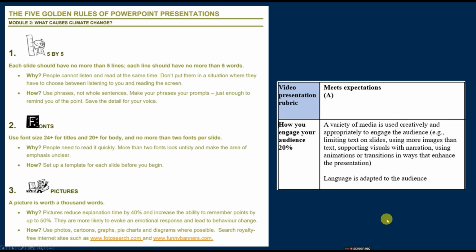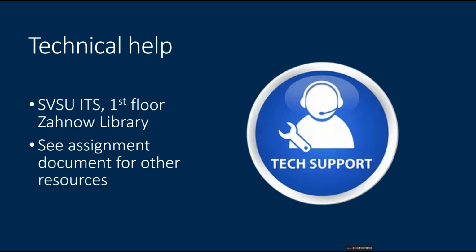And so to receive full credit for this criteria, you need to use a variety of media creatively and appropriately, using the advice that's presented about maximizing the visual component of your presentation and minimizing the text component, and of course adapting your language to your audience, which is me as well as your peers.